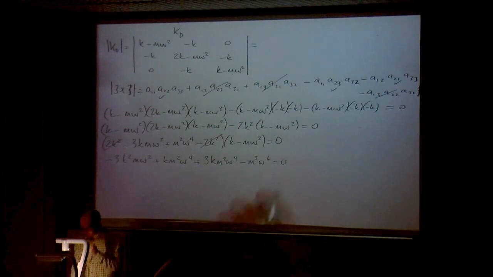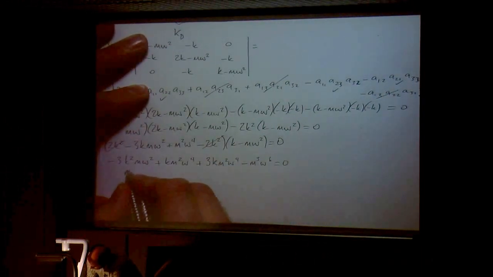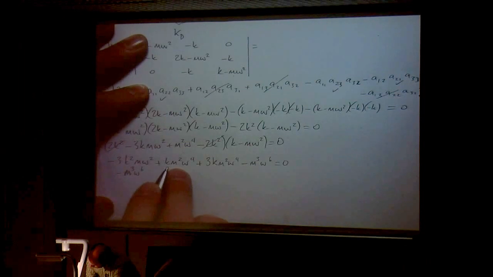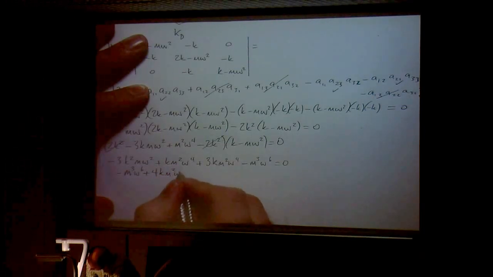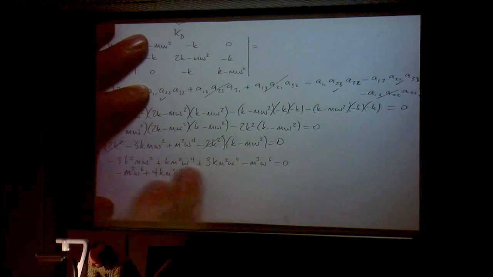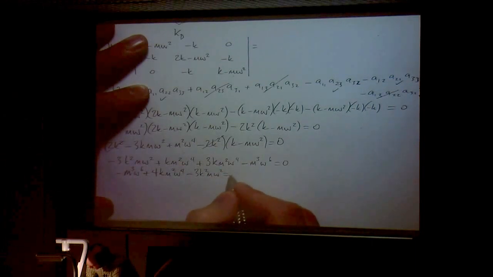So putting this in order of omega to the powers, we've got m cubed omega to the 6. We've got a minus sign here. Here we've got omega to the power 4 and omega to the power 4. They can add together, so we end up with plus 4k m squared omega to the power 4 minus 3k squared omega squared equals 0.